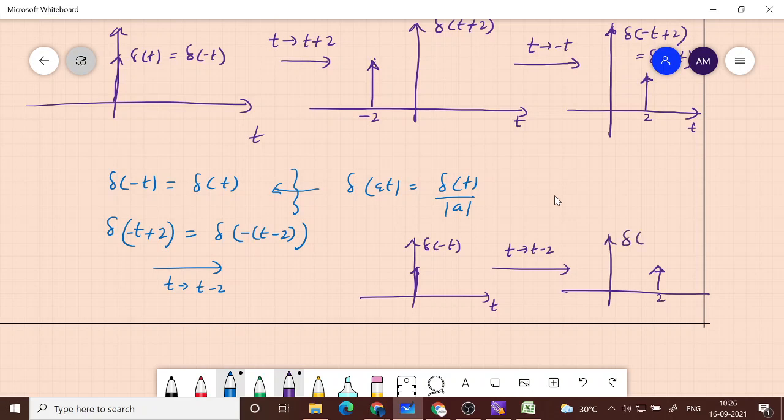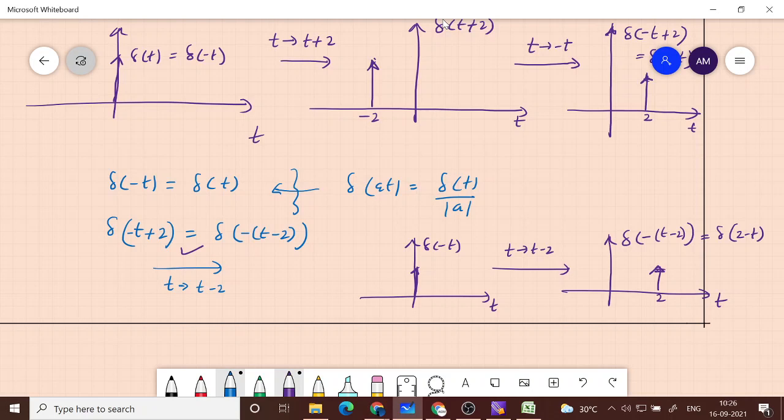So this is delta of minus of t minus 2, which is basically delta of 2 minus t, which is what we want. Is it clear? Both ways you can do it, but you need to be a little careful. You need to do this algebraic manipulation, which I did here: minus t plus 2, you can write it as delta of minus of t minus 2.